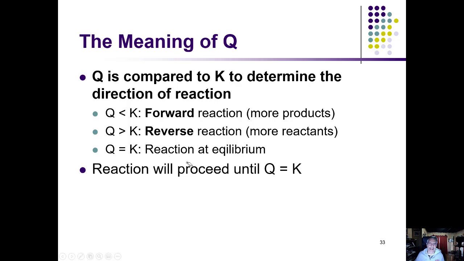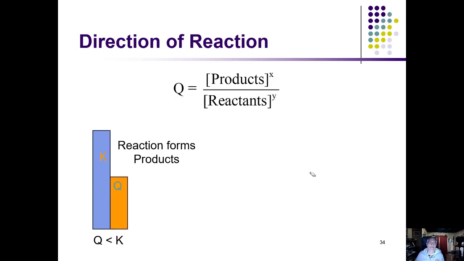The reaction is at its low energy point. The reaction will always proceed until you get to equilibrium, where Q is equal to K, because that is the lowest energy point of a reaction, and everything in the universe is trying to get to that low energy point.